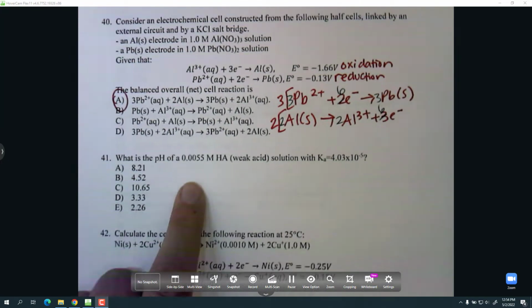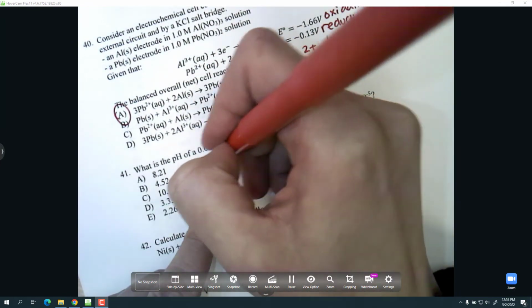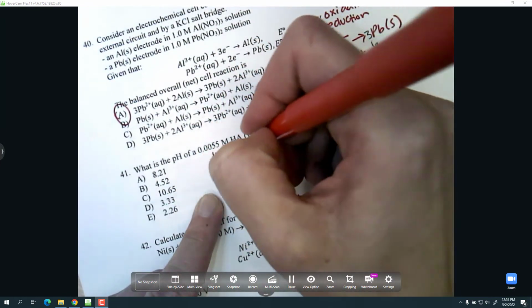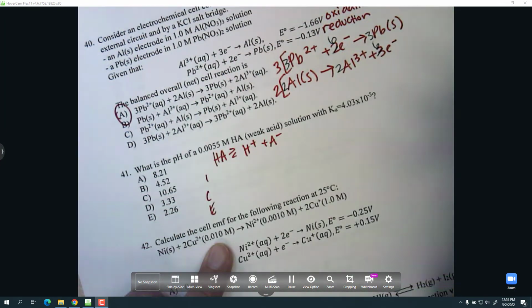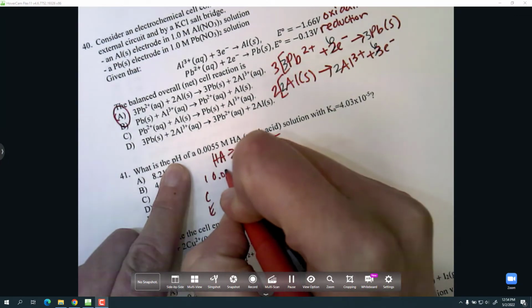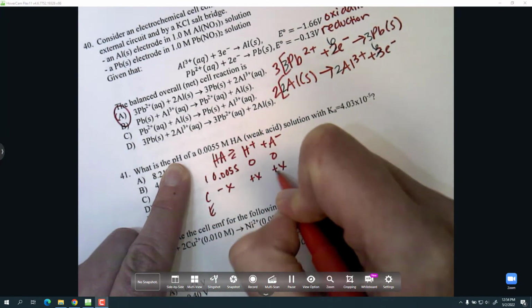Okay, pH of a weak acid. I do need an ICE table for this. 0.0500 minus x, plus x.